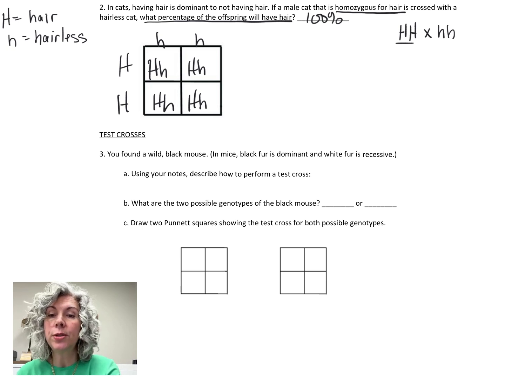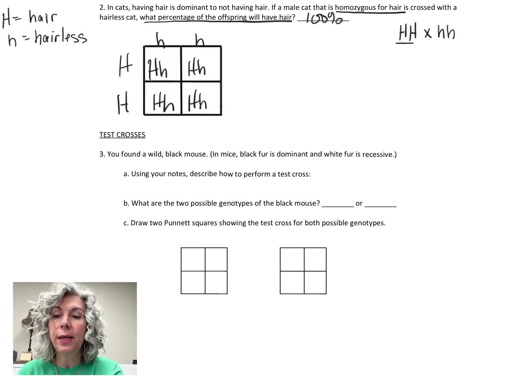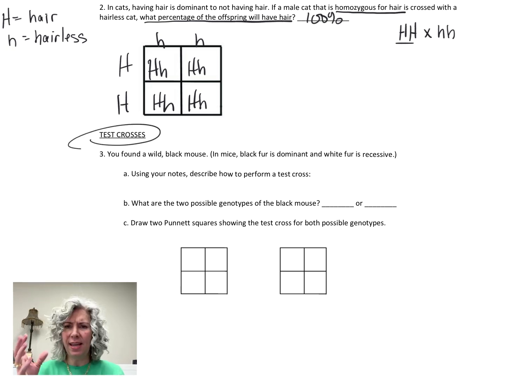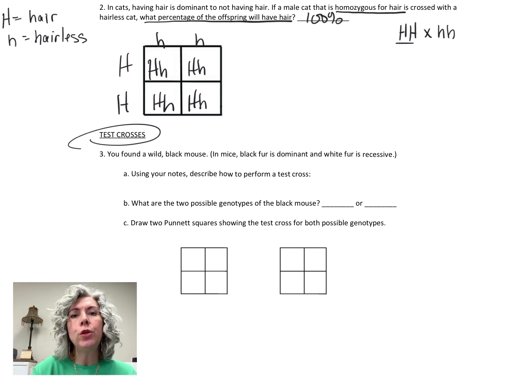All right. Test cross. So we got another little topic here. What is a test cross? A test cross is when you don't know the genotype, the traits of a parent. So you might undergo a test cross and then examine the offspring. And then by looking at how the offspring turn out, you can make a prediction of what the parents are.